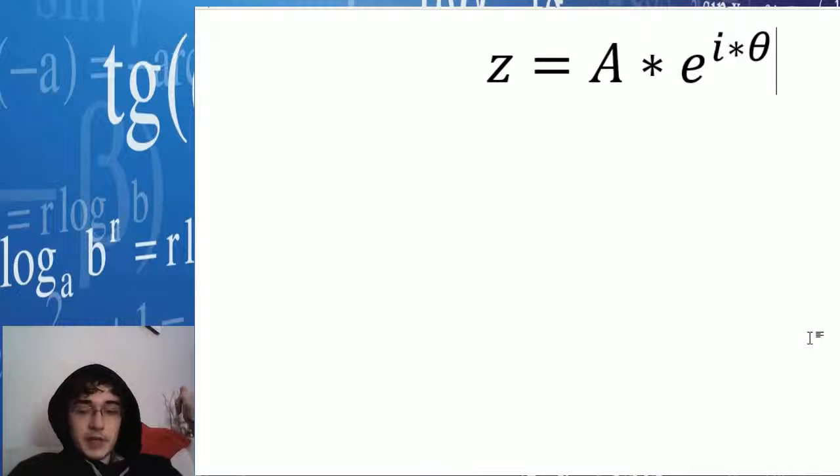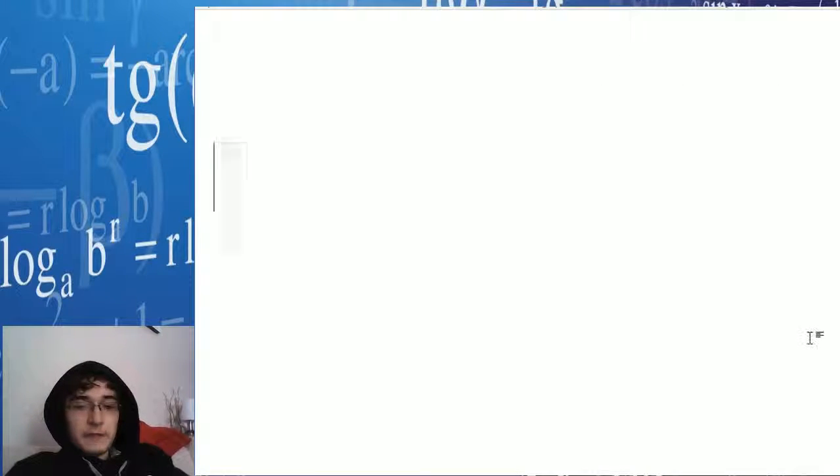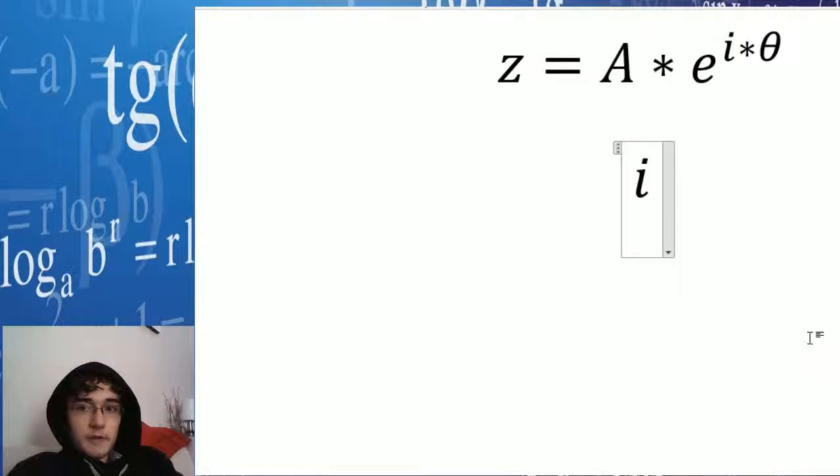This is kind of tricky. In physics, we don't use the letter i for the complex representation of numbers. We use the letter j for a simple reason: it's mainly used for electricity and electromagnetic things, that's kind of complex with waves.